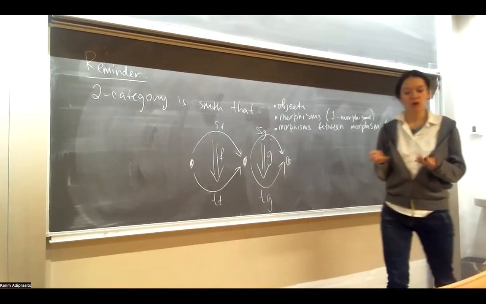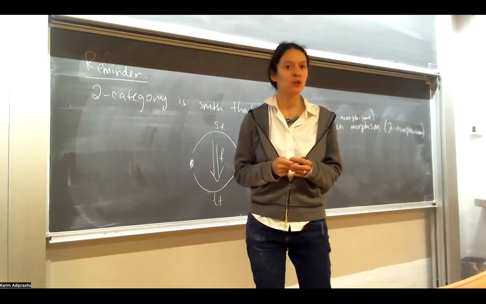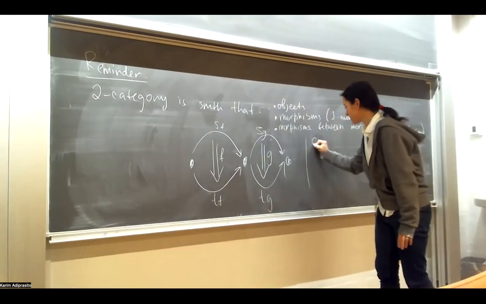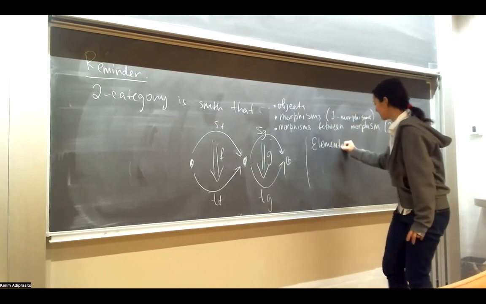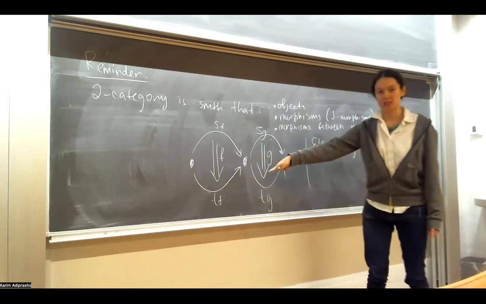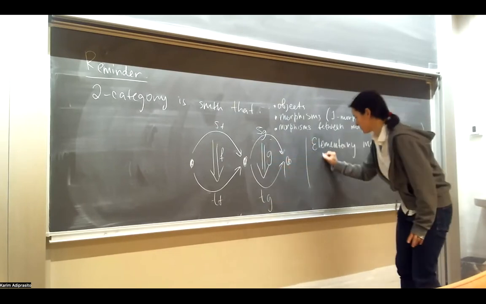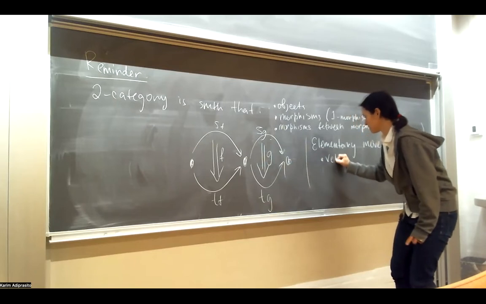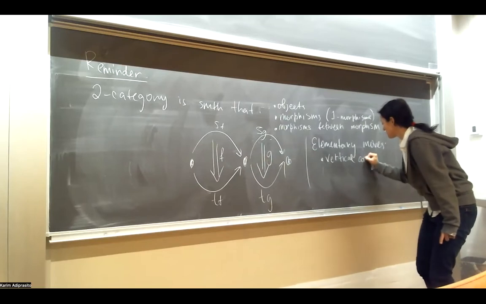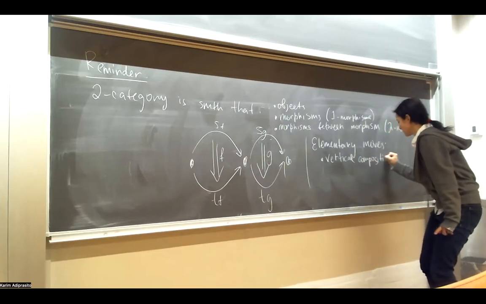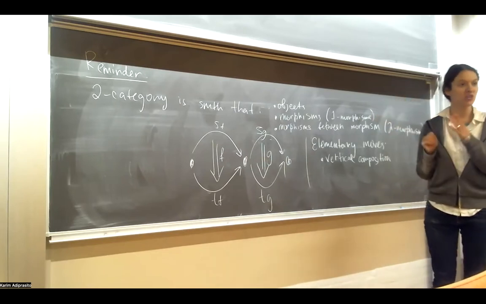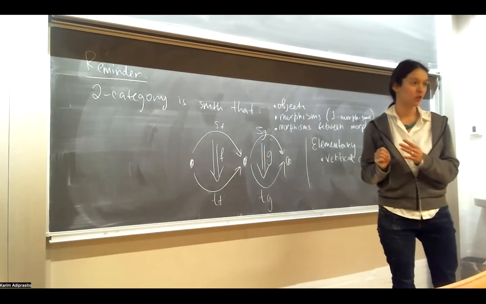Well, here the question is, what are my elementary moves? So let's say that my elementary things that I can do in my 2-category are either vertical composition of 2-morphisms, not something that I have in this picture, or horizontal composition, but not with just anything, but with only the identity morphisms.